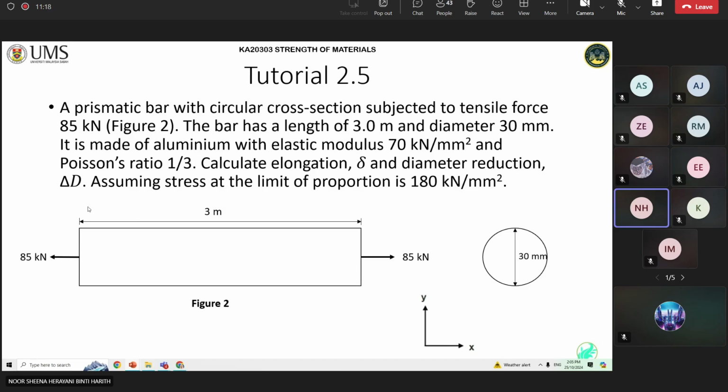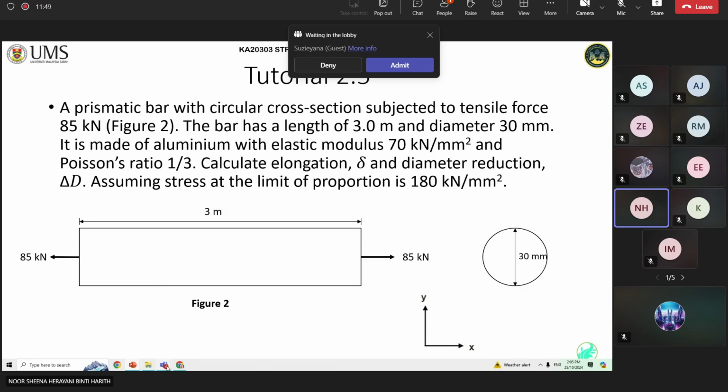Assume the stress at the limit of proportion is 180 kilonewton per mm square, so sigma equals 180 kilonewton per mm square. You just take out all the information from this question: the force, the stress value, the diameter, and the length of this bar.